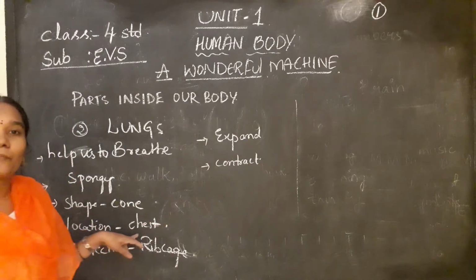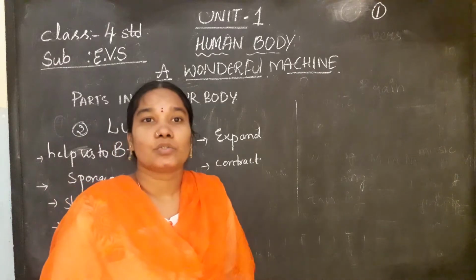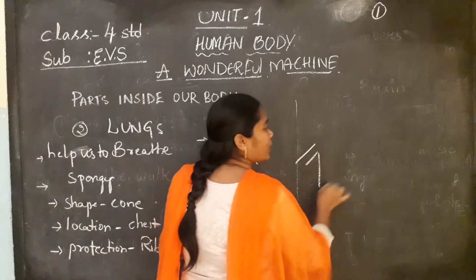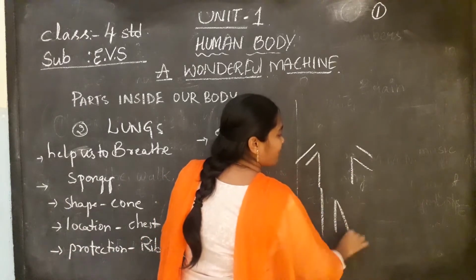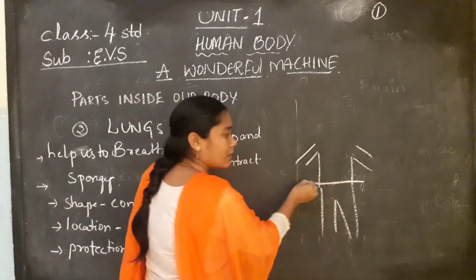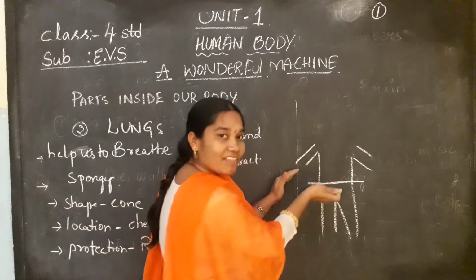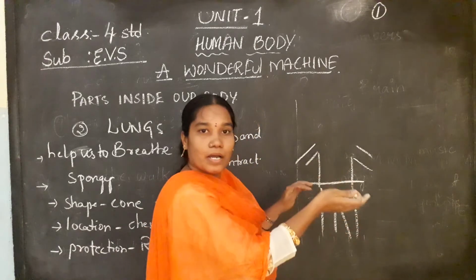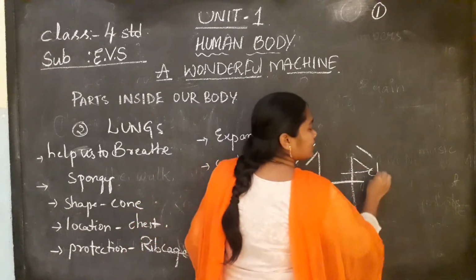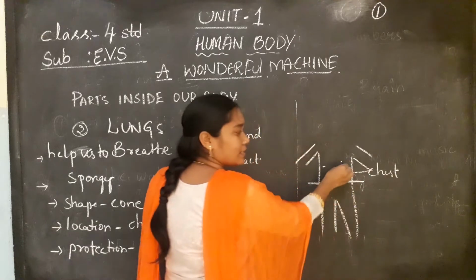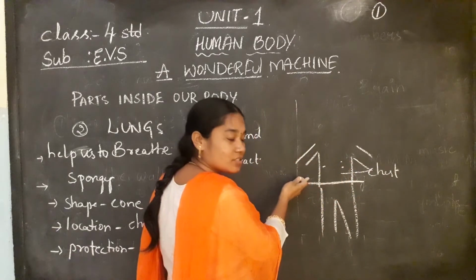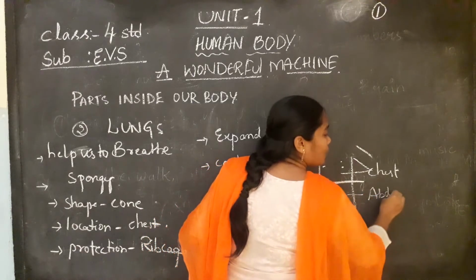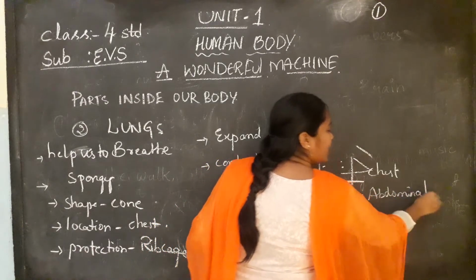The lungs are present in the chest cavity. Our body is divided into two cavities. Where the lungs are present, that cavity is called the chest cavity, and where the stomach is present, it is called the abdominal cavity.